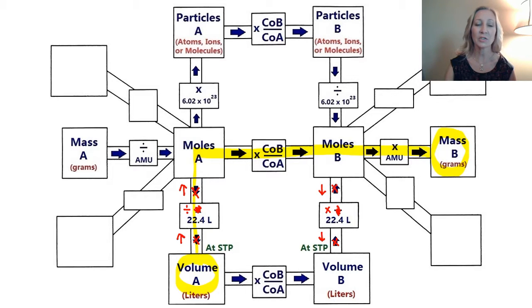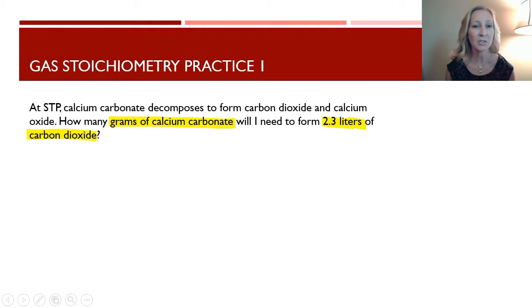So when I start my problem, the first thing I need to do is, of course, balance my equation. I start out with calcium carbonate. Calcium has a positive 2 charge. Carbonate is a polyatomic ion with a negative 2 charge. So they'll be combining at a 1-to-1 ratio, and the compound is CaCO3.